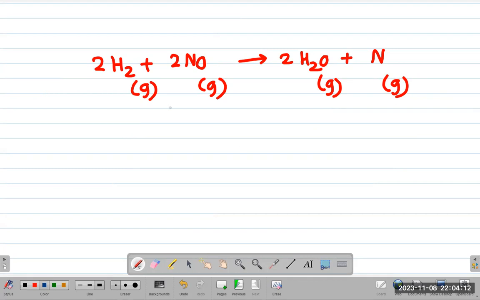Let's see how the concentration of H2 affects the rate of the reaction, by fixing the concentration of NO, making it constant, and varying only the concentration of H2.